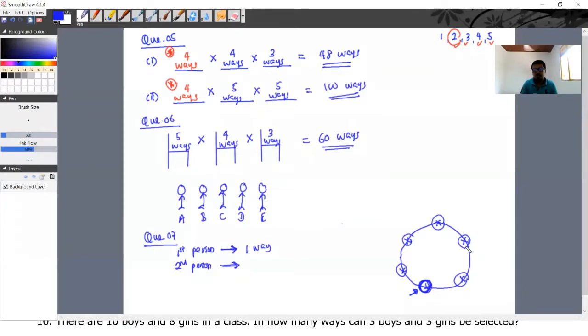Wherever he sits, he can sit at just one place. And for the person who arrives as the second person, how many possible options does that person have?